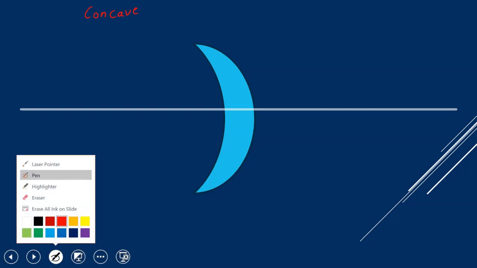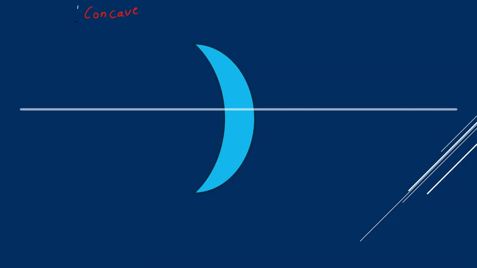Okay, so this type of mirror over here, can you tell me? Yes, this is a concave mirror. Let us just quickly revise all the things. We know that this is a concave mirror, as this is a part of a spherical surface, a sphere. It will have a center of curvature. It will also have a focus. The center of the mirror is called the pole.